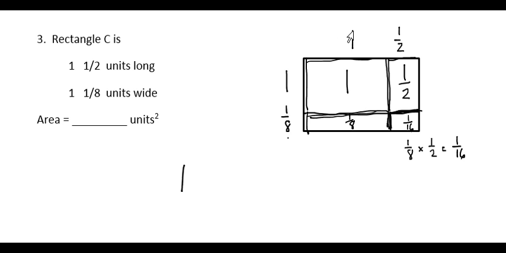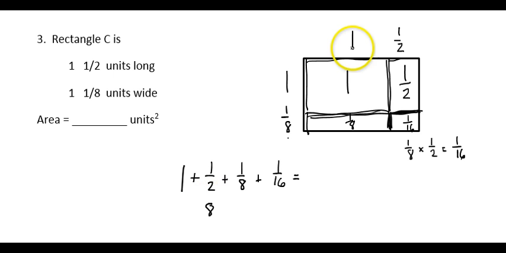I have 1 whole plus 1/2 plus 1/8 plus 1/16. Now obviously we can't add these fractions because they don't have the same denominator, so we're going to have to change them over. I know I can change halves and eighths into 16ths. So 1/2 is the same thing as 8/16.